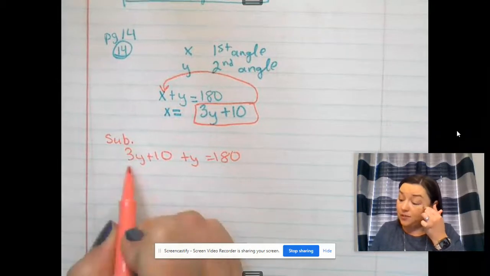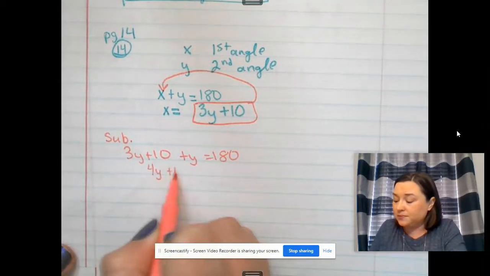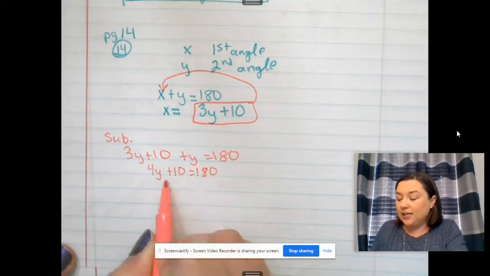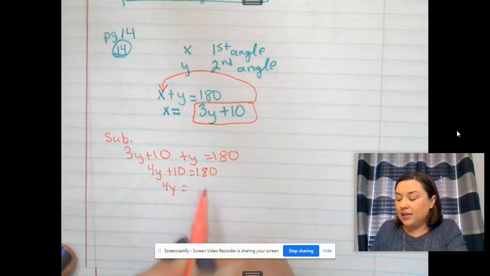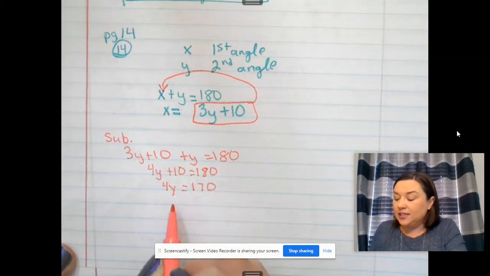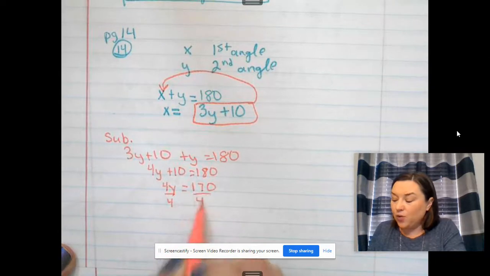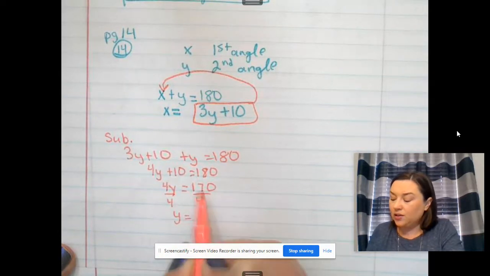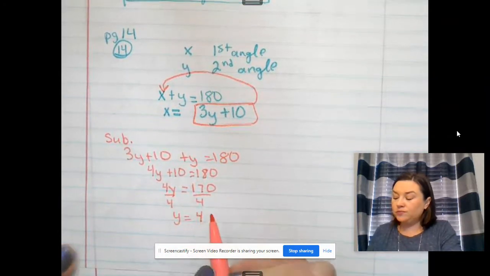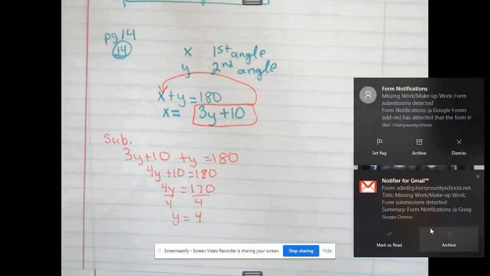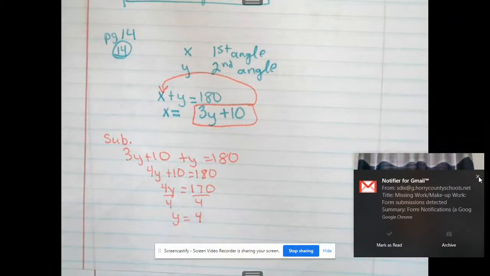So 3y plus y is 4y. Subtract 10 from both sides and get 170. Divide both sides by 4 and I get... let me get out my calculator. Man, a lot of people are doing some makeup work.